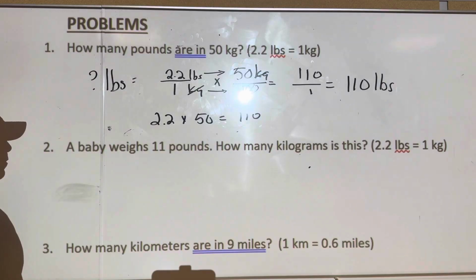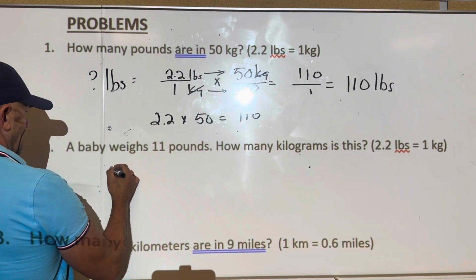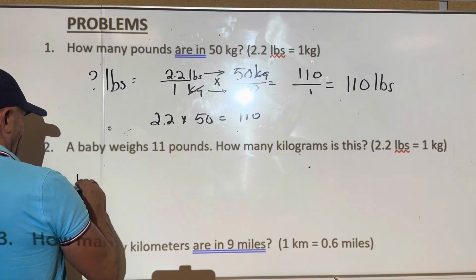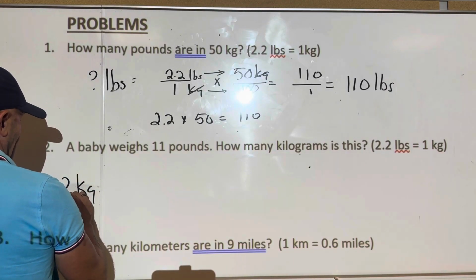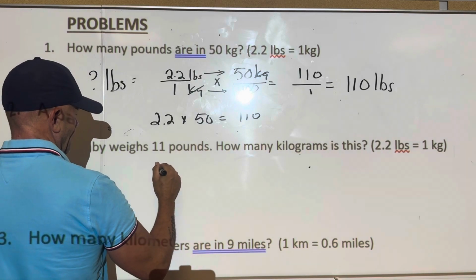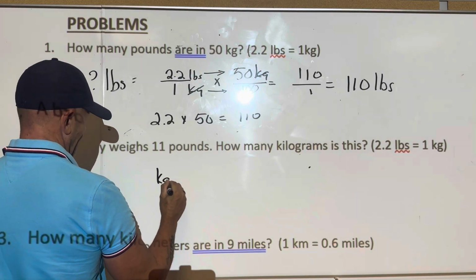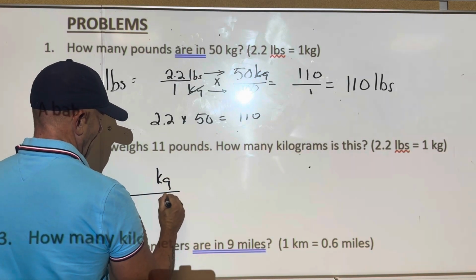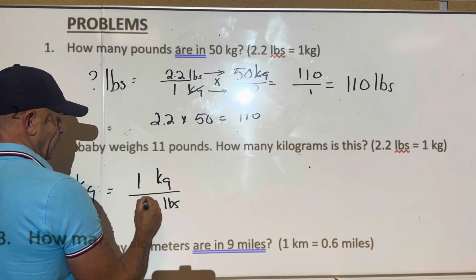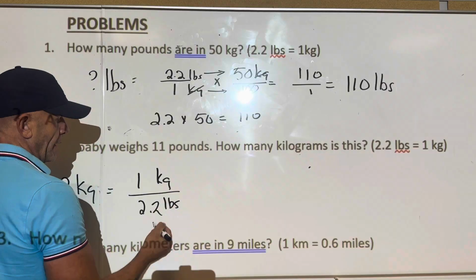So we're looking for kilograms. Kilograms is our first. We start our equation by putting kilograms first over pounds. So we know 1 kilogram equals 2.2 pounds.